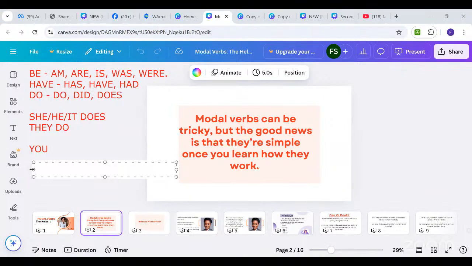Yes, they are. So we can use are for second person, you are sleeping. We can also use it for third person plural, they are sleeping.